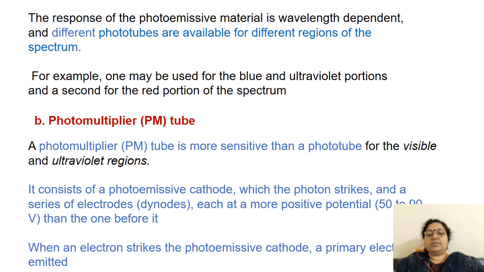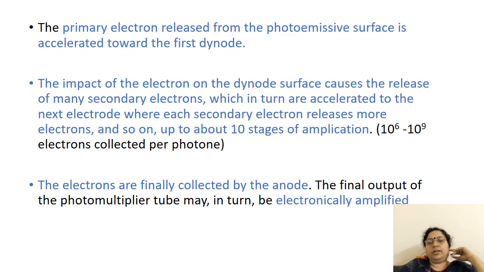A photomultiplier tube also consists of a photoemissive cathode which the photon strikes, and there will be a series of electrodes or dynodes, each at a more positive potential, 50 to 90 volts, than the previous one. When a photon strikes the photoemissive cathode, a primary electron is emitted. The primary electron released from the photoemissive surface is accelerated towards the first dynode.